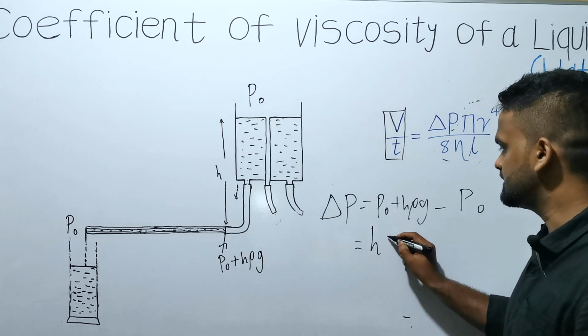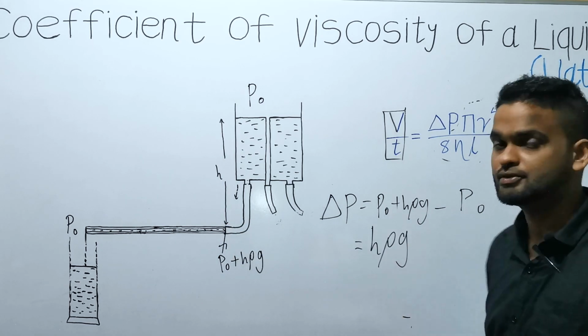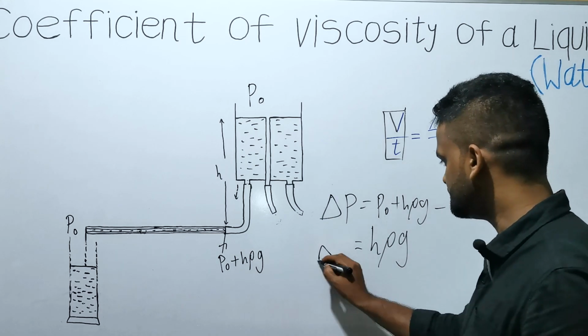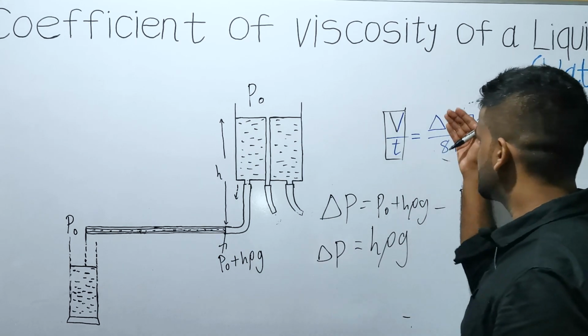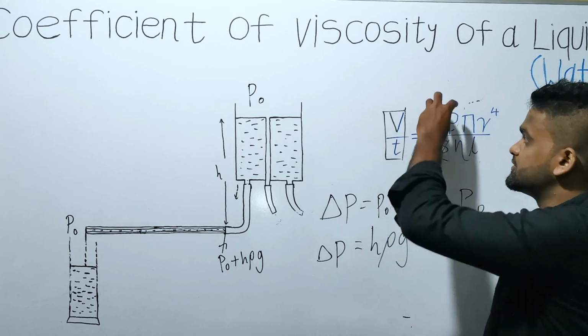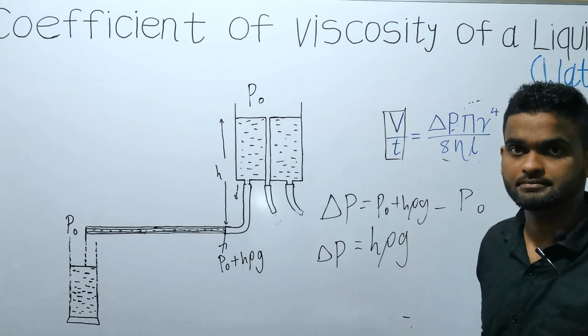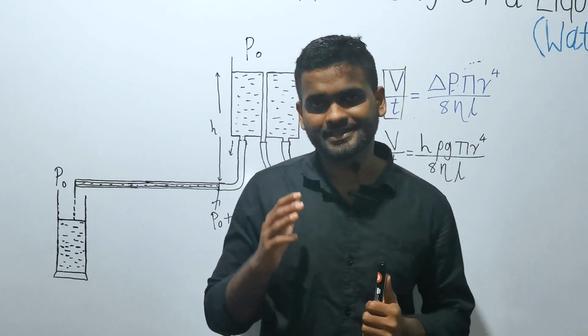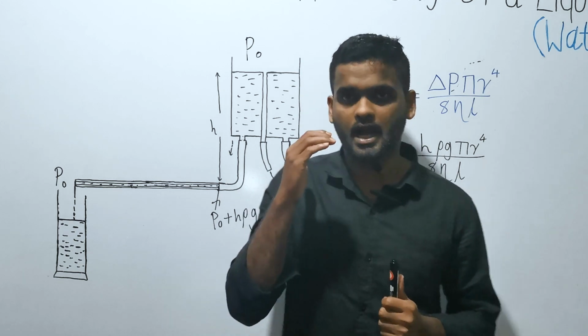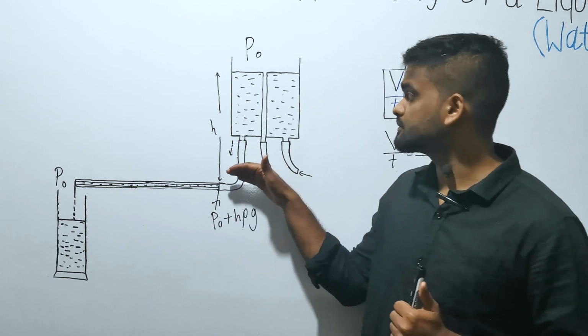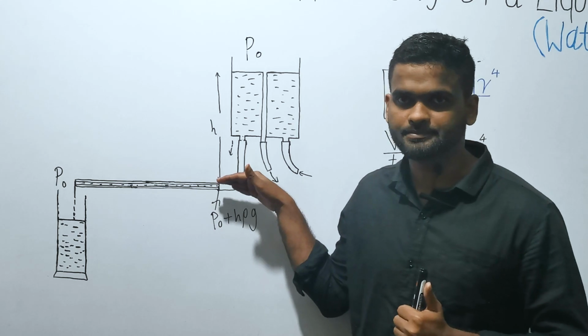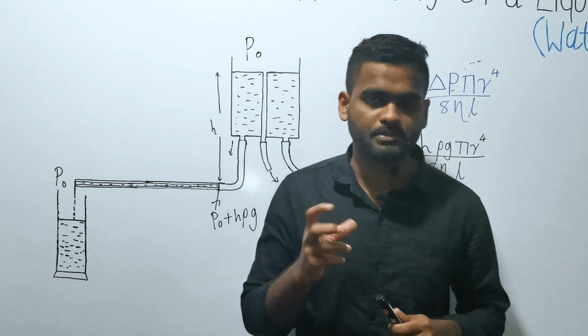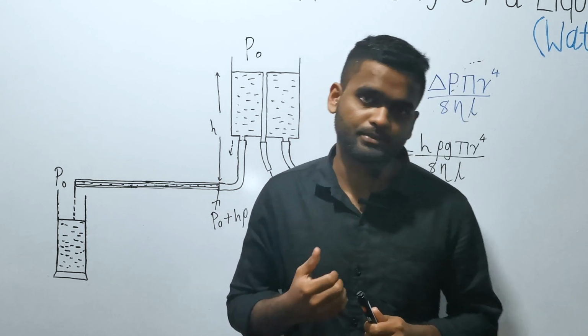So the delta P is equal to H rho G. Then you just have to substitute H rho G instead of delta P here. Then you can measure the simple H value, that is the height to the water level from the capillary tube. You can use simply a meter ruler to measure the simple H.